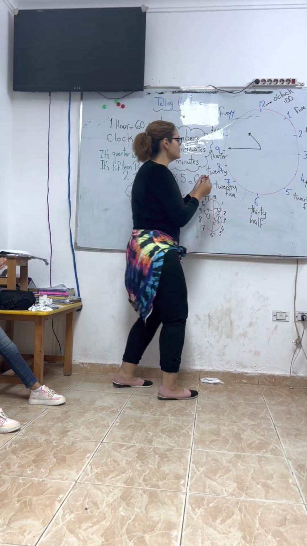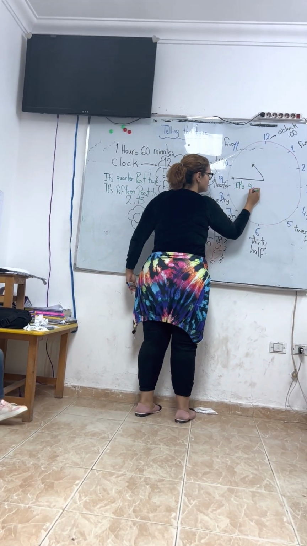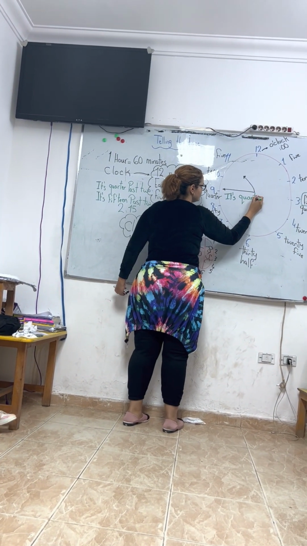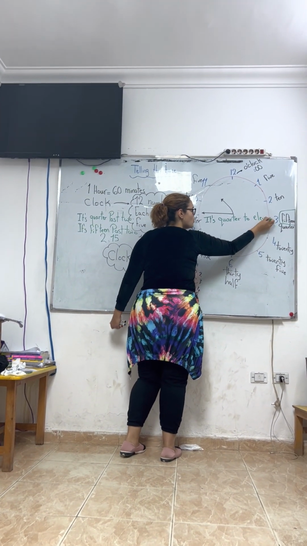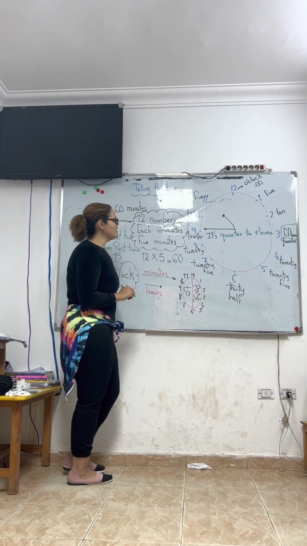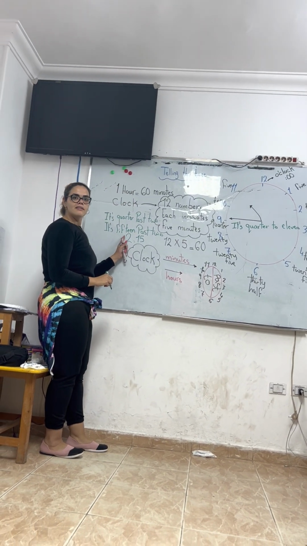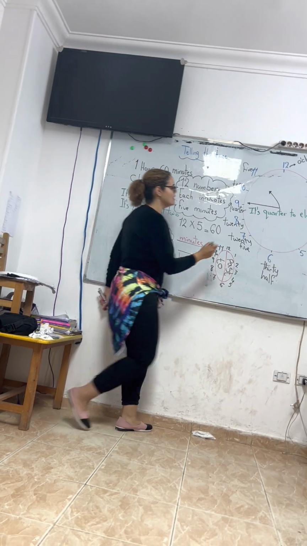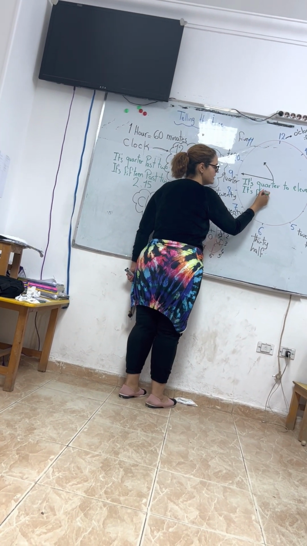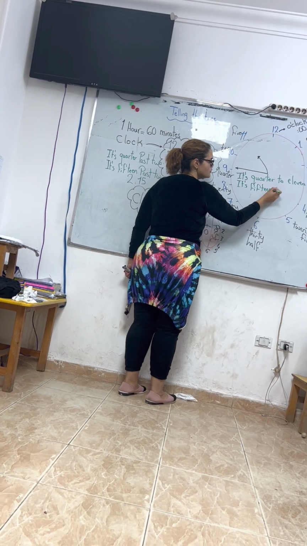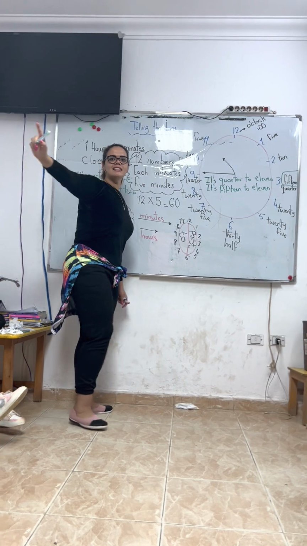So I'm going to say it's quarter to 11. Or I can use the other part. The quarter means what? 15. I'm going to say it's 15 to 11. But, guys, listen.